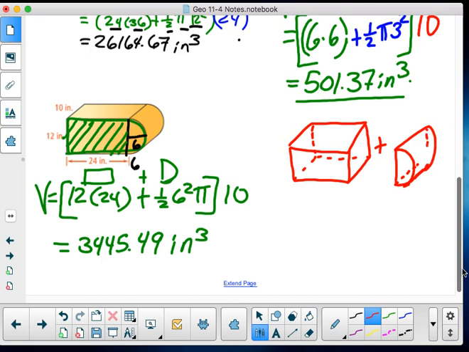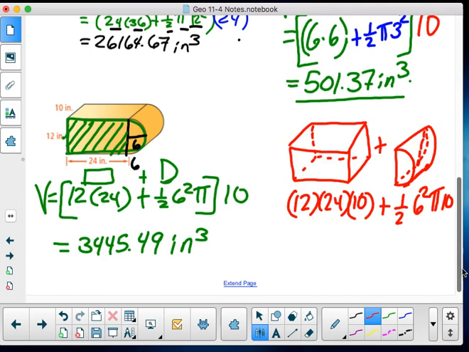My half cylinder. Okay, so if I do prism, which in this case is 12 times 24 times 10, plus half cylinder, 6 squared pi times 10, okay, well, I have the same answer.